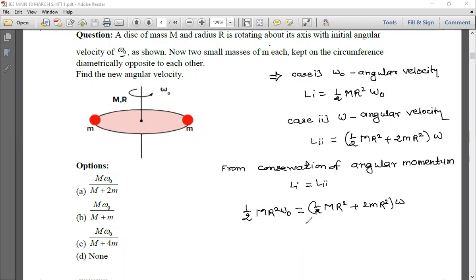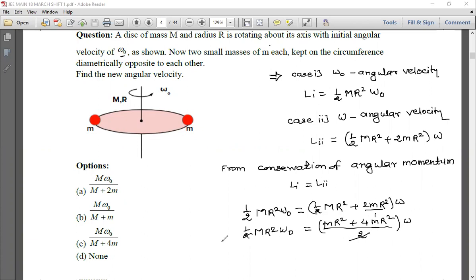So how is it? See here. This is M R square, its denominator is 1 plus 2 m R square means 2. So it is M R square plus 4 m R square divided by 2, into omega, is equal to half capital M R square omega naught.